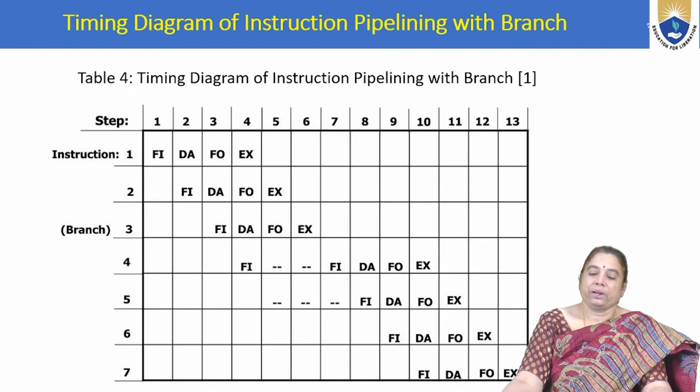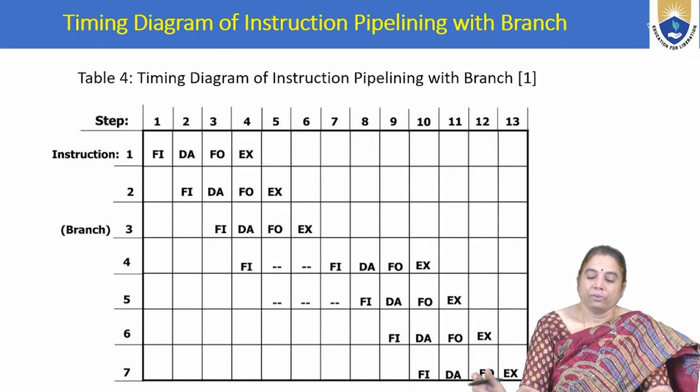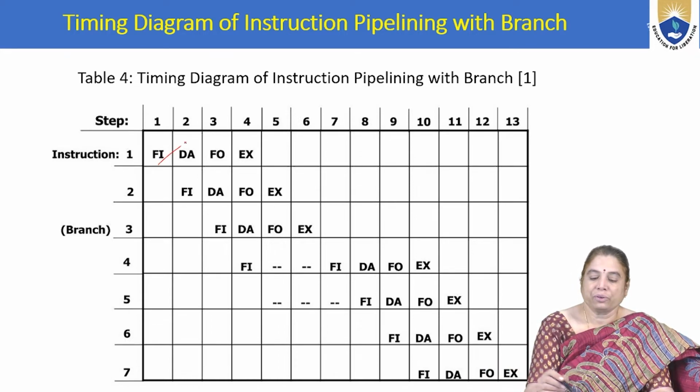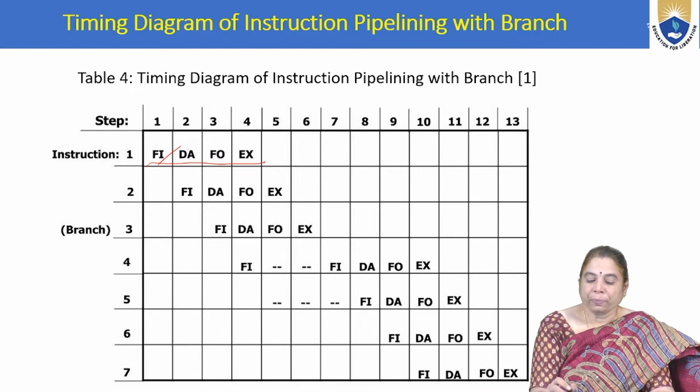So in case a branch occurs, how can the timing diagram be? The first instruction can be executed in the first cycle. Next, how the first instruction is carried out in the successive cycles. After fetching the instruction, during decoding of the third instruction, after decoding, it can be verified whether it is a branch instruction or not.